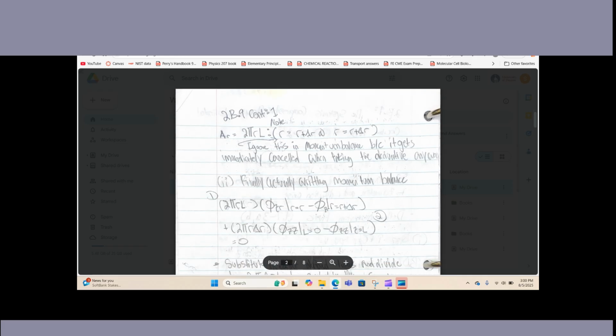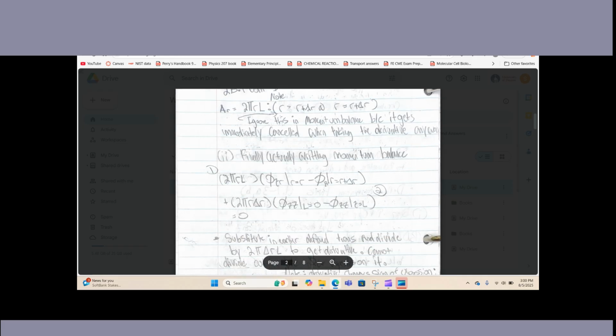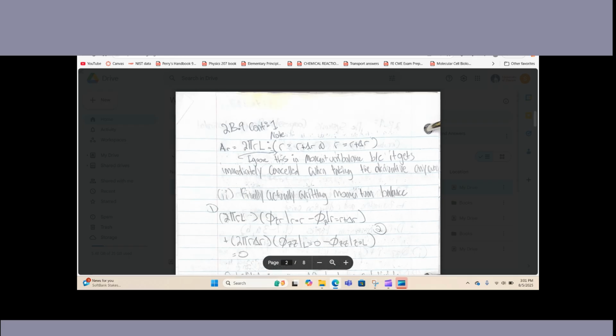It doesn't matter anyway, because when you divide, it cancels out in the R plus delta R over delta R. It'll be R divided by delta R plus delta R divided by delta R. R divided by delta R will be a really large number, and delta R divided by delta R will just be 1. So 1 compared to a really large number is inconsequential, and you don't need to put it in the momentum flux equation at all.